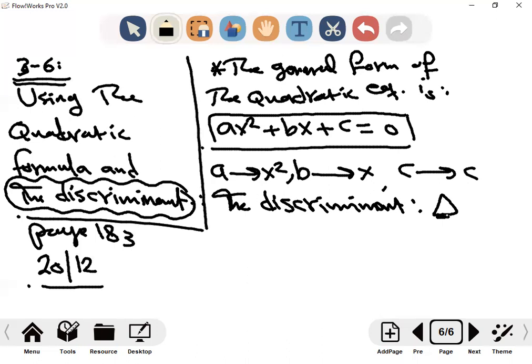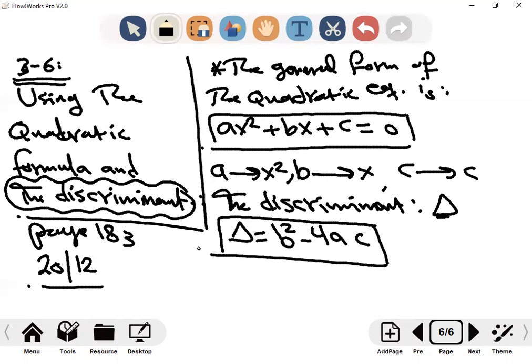Delta means discriminant. Now what's delta? Delta equals b power 2 minus 4 multiply a multiply c. This is the discriminant. So the first step in using this formula, you find this value: b power 2 minus 4 multiply a multiply c.